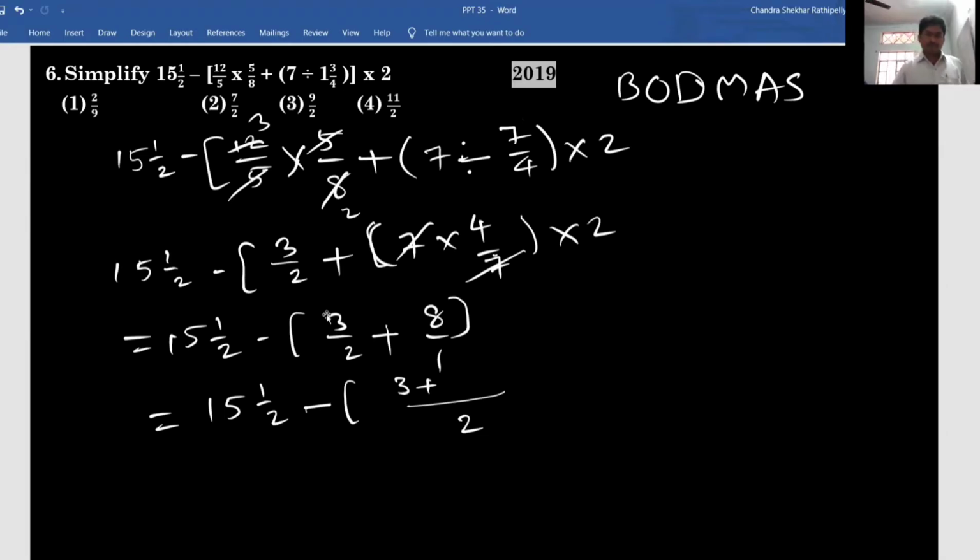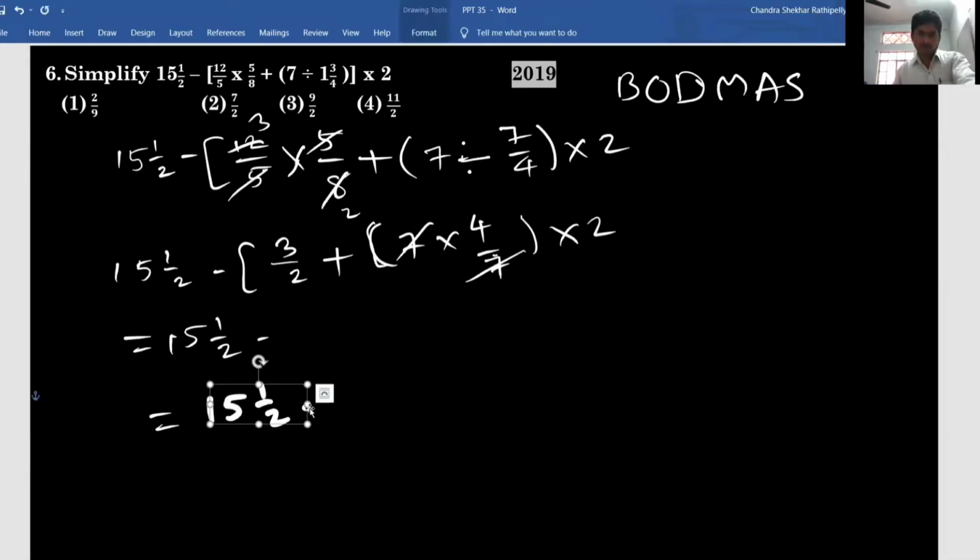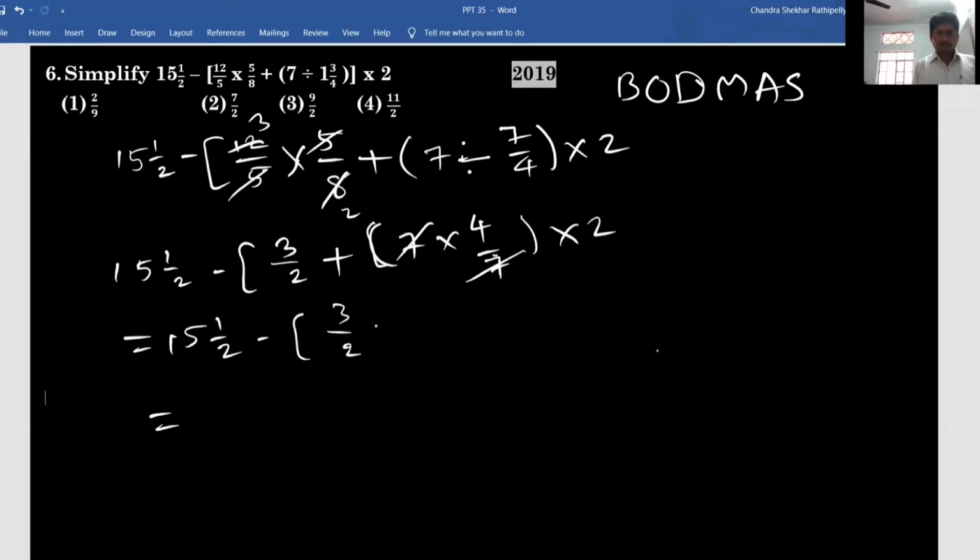So here children, once again observe, 3/2 here, the bracket here is completing.